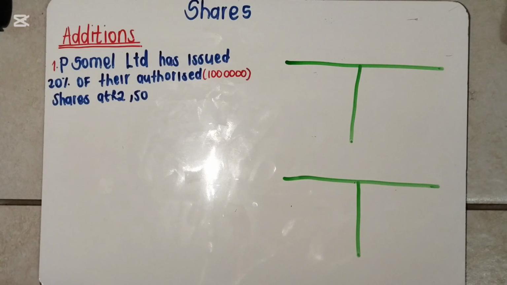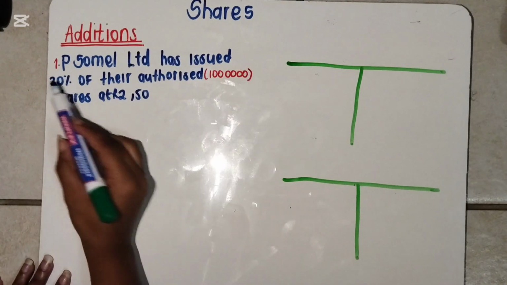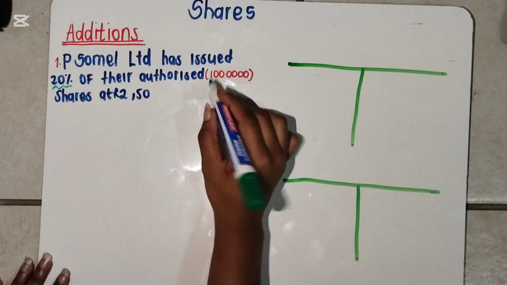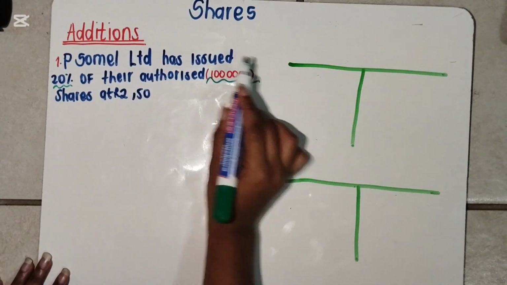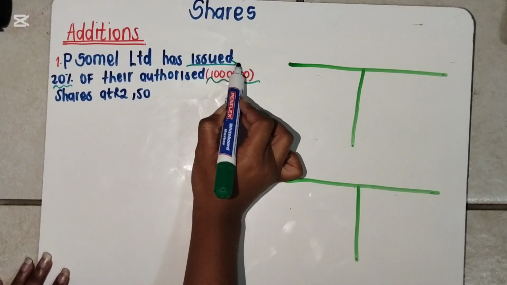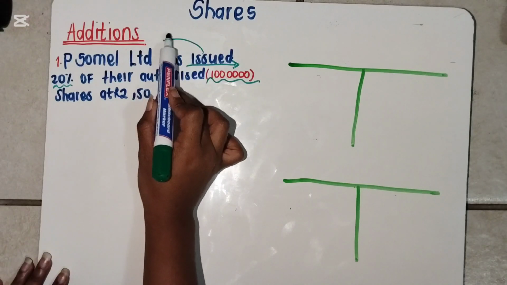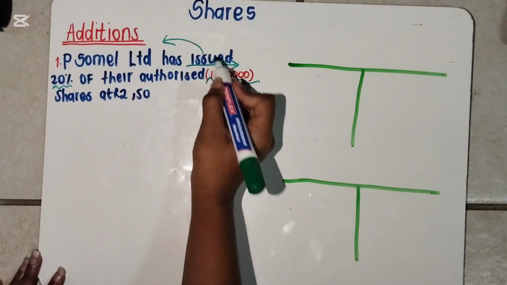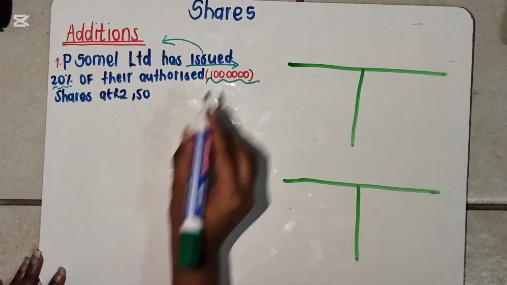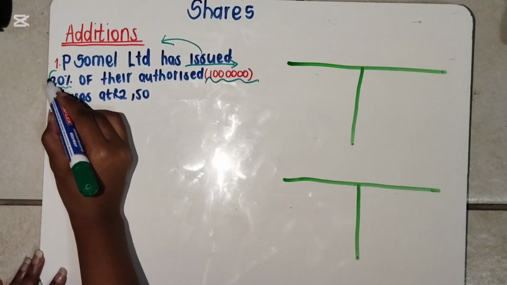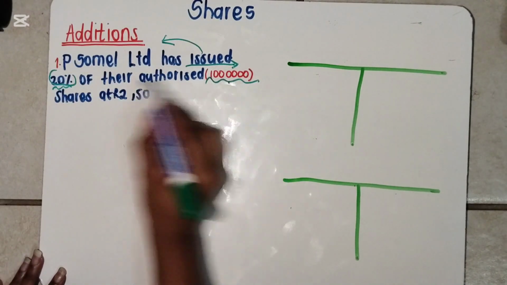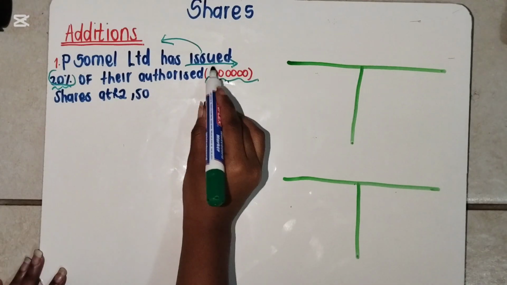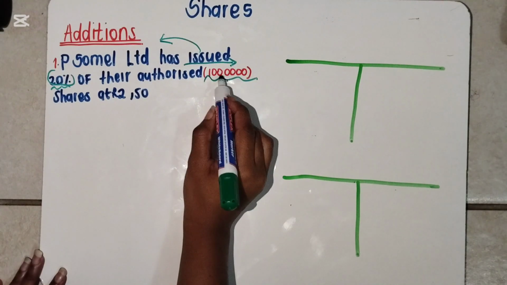So for starters, they told you that 20% of the shares were issued. When they're saying additions, we're looking for the ones that are issued. You know this. The issued ones are the additions. So they're telling you that only 20% of this amount was issued, not the full 100% of all the shares.